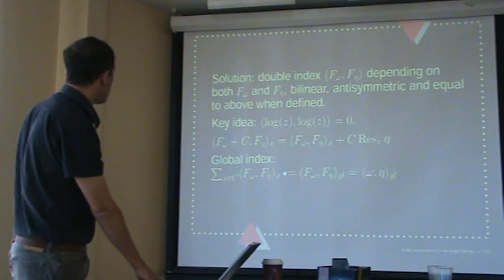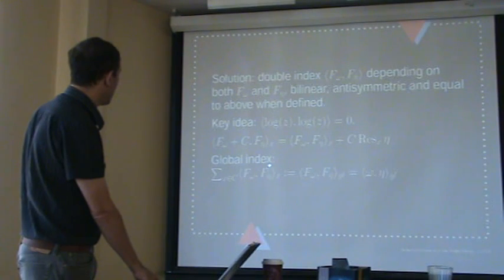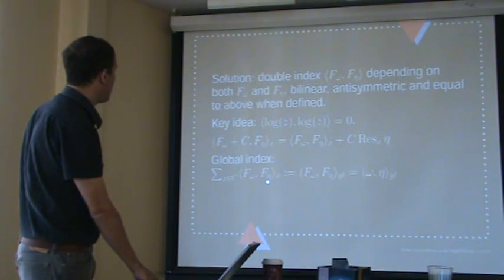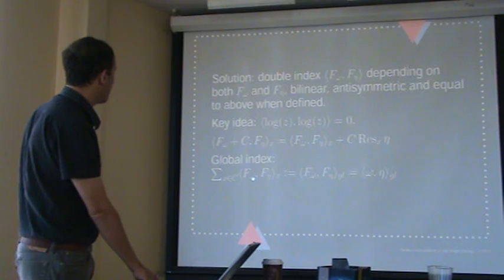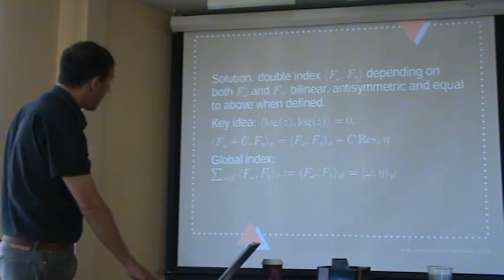Now what I do is I have a global index. Here the idea is, well, I should probably have added a few more words. Let's say that omega and eta are meromorphic one forms on a curve. I go over all points of the curve, and let's say I'm over an algebraically closed field, so I have no problems with that.